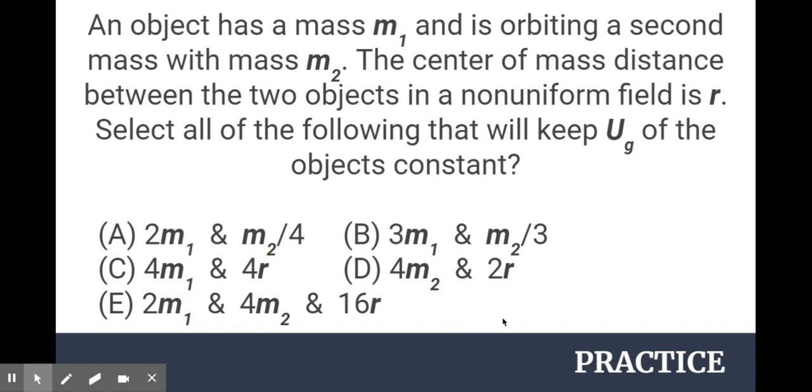All right, more practice. Object has mass m1 and is orbiting a second mass with mass m2. The center of mass distance between the 2 objects in a non-uniform field is r. It's our radial distance. Select all of the following that will keep the gravitational potential energy of the objects constant.